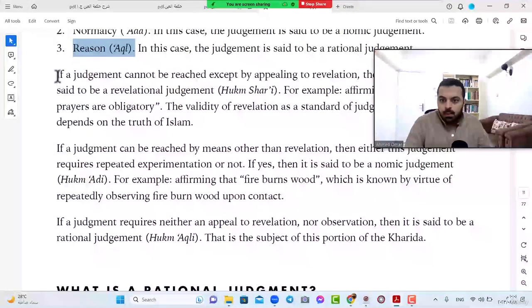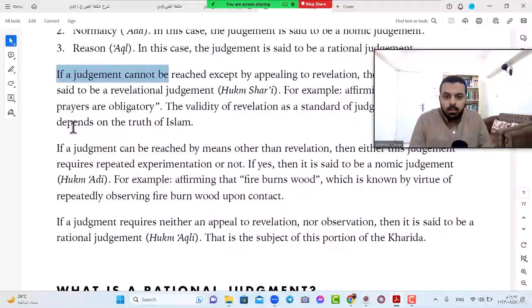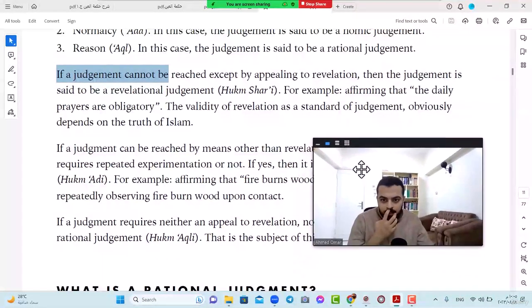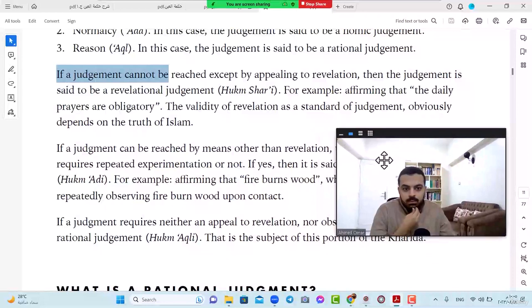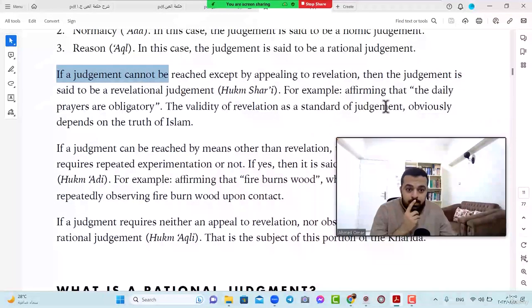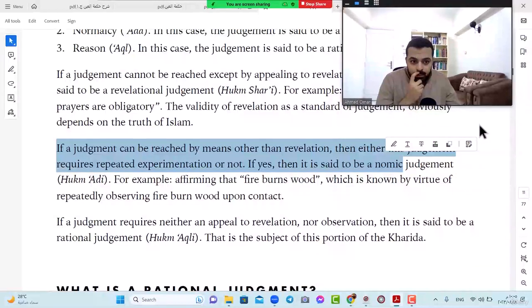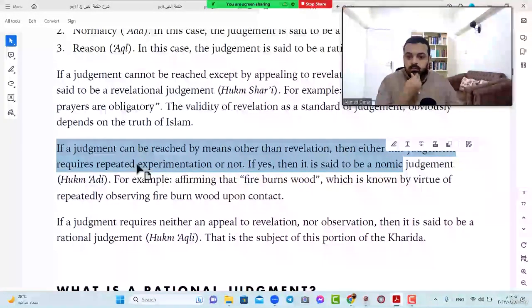If a judgment cannot be reached except by appealing to revelation, then the judgment is said to be a revelational judgment, hukm shari'a. For example, affirming that the daily prayers are obligatory. The validity of revelation as a standard of judgment obviously depends on the truth of Islam. If a judgment can be reached by means other than revelation, then either this judgment requires repeated experimentation or not.